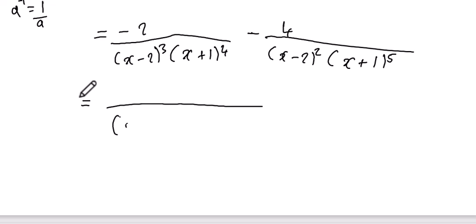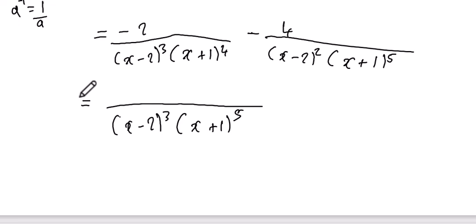The first one is x minus 2 to the power 3, then x plus 1 to the power 5.